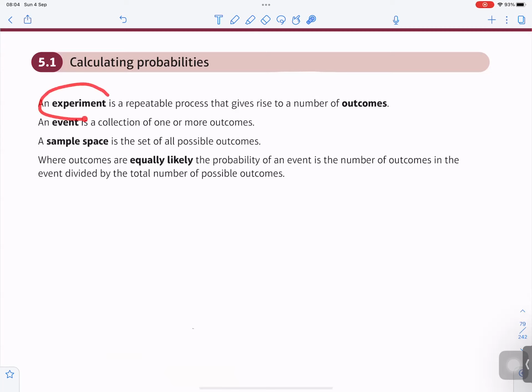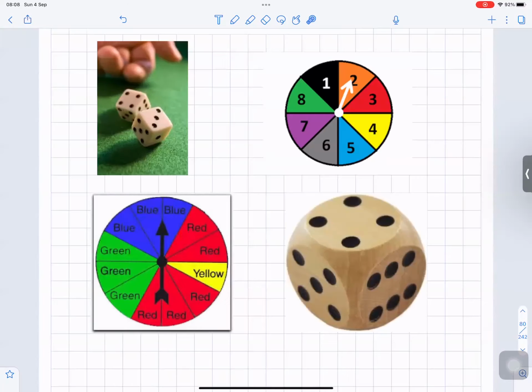So an experiment is a repeatable process that gives rise to a number of outcomes. So you can repeatedly throw the dice and you get different numbers.